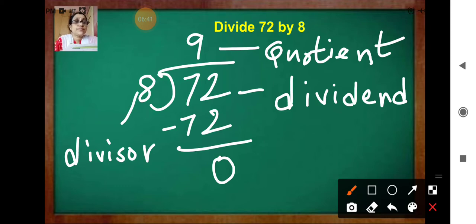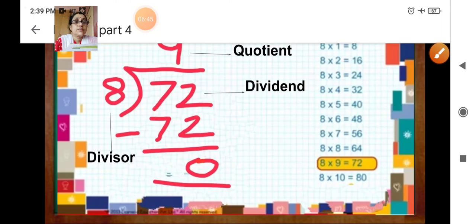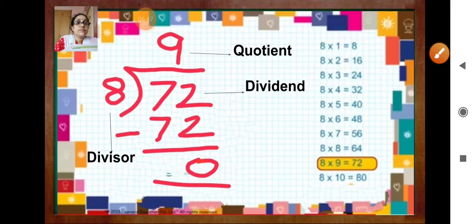Okay, now it is clear. Now look here, like this. You will write down the tables, or you will say the tables, and then do the division. Finished? Understood?